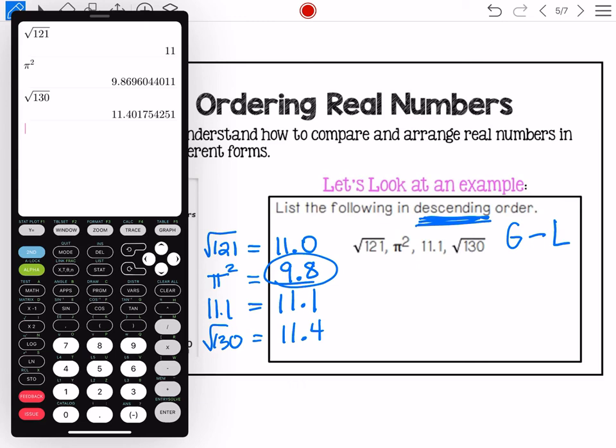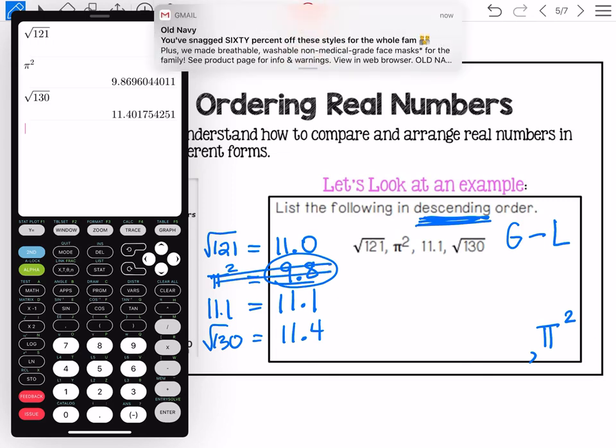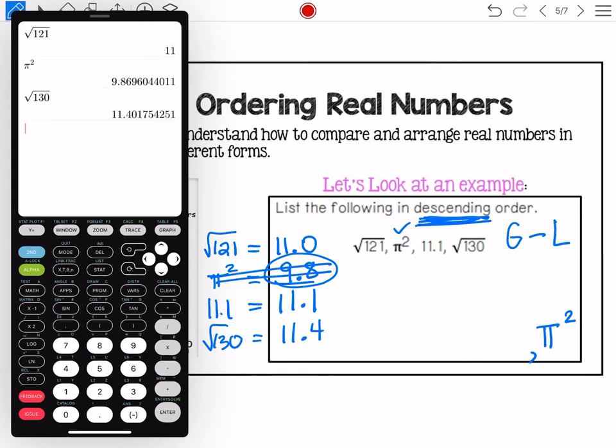And since that's my smallest number, it's going to go here at the end. Oh, actually, I want to represent that using the original form. The original form was pi squared. Okay, so I can go ahead and mark through this one. Put a check mark here to make sure I used it.